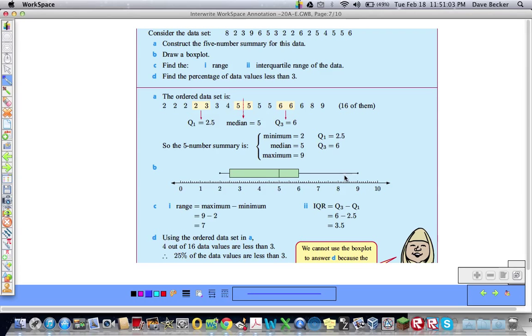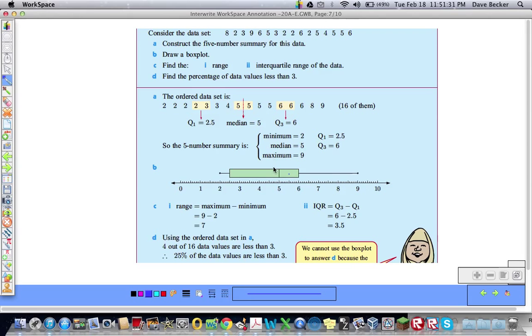Then your box is going to be created from the first quartile, the median, which is the second quartile, and the third quartile. We're going to make a box formed by the first and the third quartiles. And we just put a little rectangle in like this.